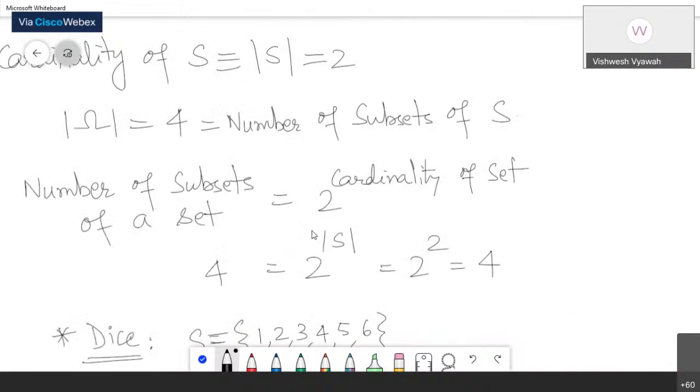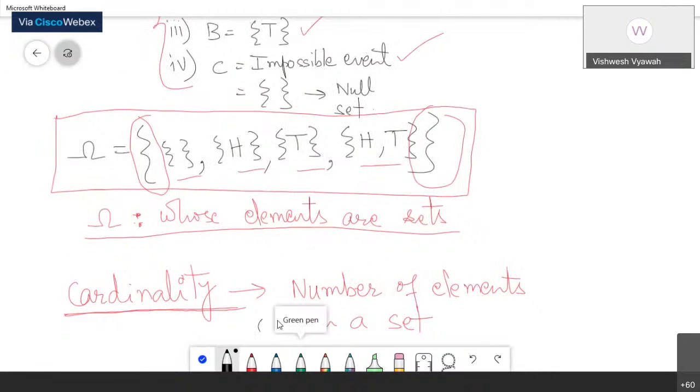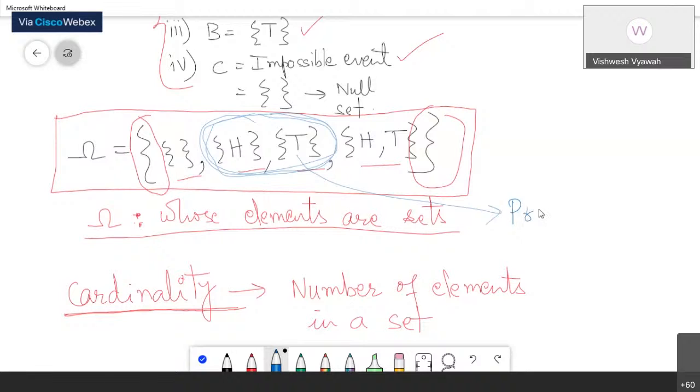Okay, it's better to explain this here. Now these two events, basically the events which have got only one element, are known as primary events, basically singletons.